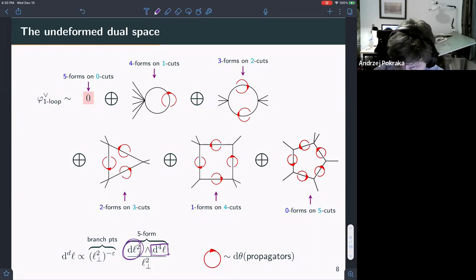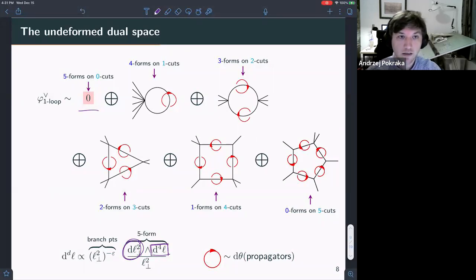And if we don't take any cuts, the cohomology is actually empty. So the first non-trivial element that we can have is a 4 form that is localized to a 1 cut. This would be something like a tadpole dual. And then we have all the way down to a 0 form that is localized to a 5 cut. So this would be the pentagon dual.